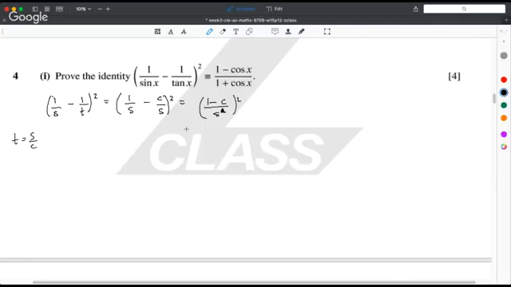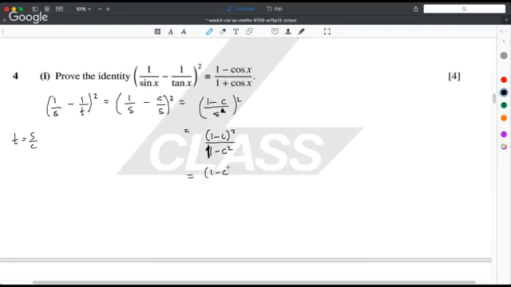So this is 1 minus c squared over s squared, and sine squared is just 1 minus cosine squared. So we've got these two expressions. Now I'm going to resolve these into two brackets.